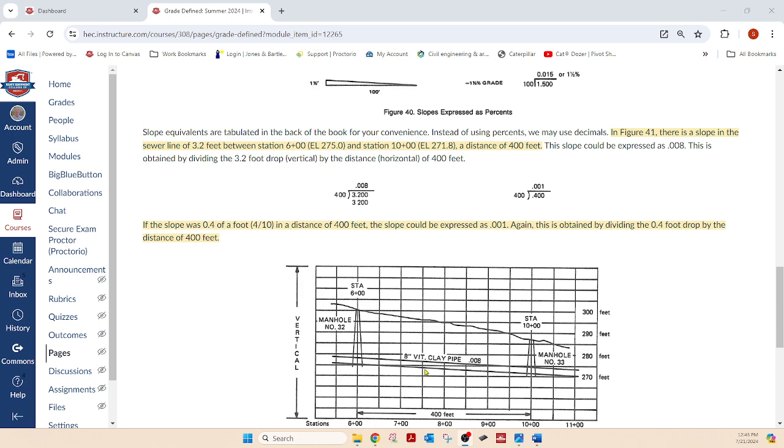So to come up with this 0.008, you take the vertical and divide it by the horizontal. 3.2 divided by 400 is 0.008. That's where all that comes from.